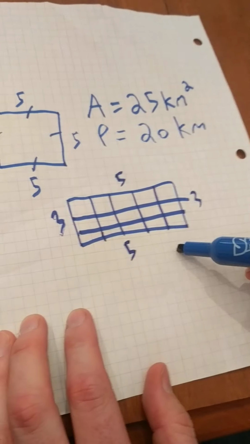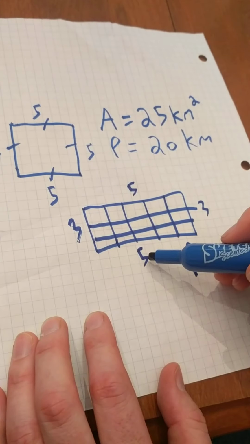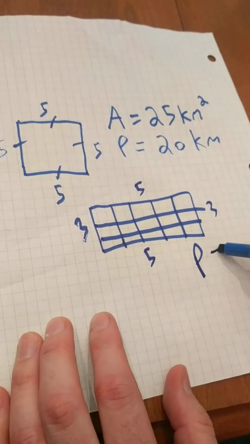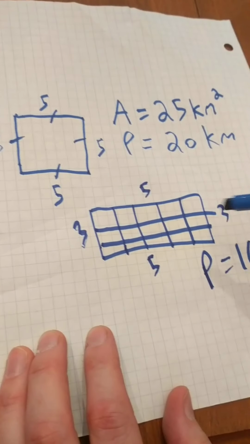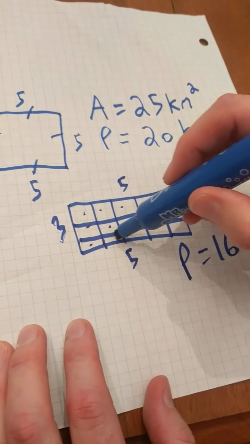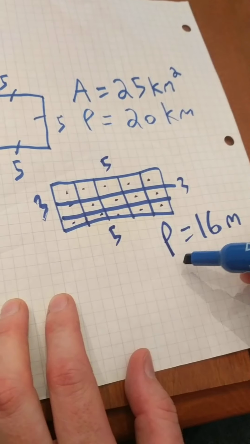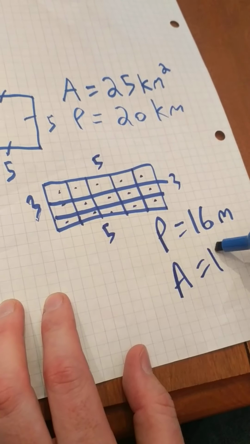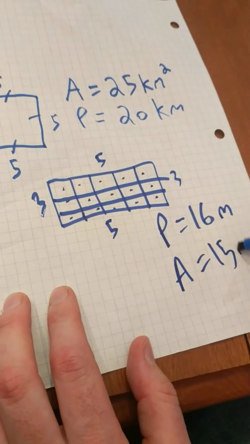The perimeter would be 5 plus 3 is 8, plus 5 is 13, plus 3 is 16. So let's say 16 meters. Your area would be counting the boxes inside. 1, 2, 3, 4, 5, 6, 7, 8, 9, 10, 11, 12, 13, 14, 15. Your area is going to be 15 meters squared. And if you did the multiplication, your length times your height, 3 times 5, you're going to get 15, and that's your area.